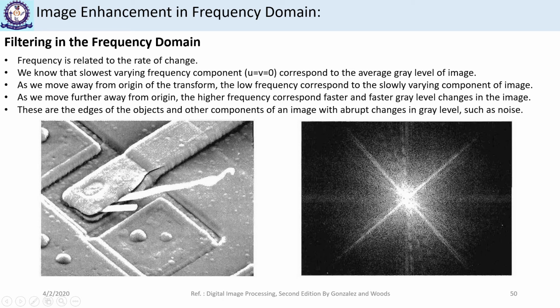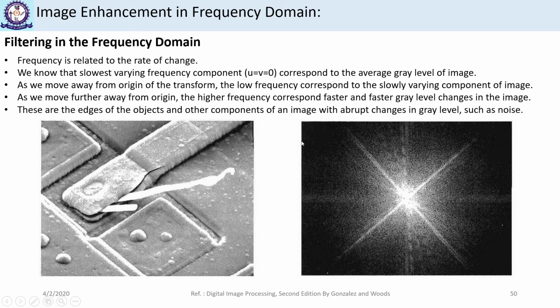Now this is the image, and this is the Fourier transform of this image. Here the image is multiplied by -1 raised to the power x plus y. That means its origin is shifted to the center. I was talking about this: here is the origin if we do not multiply by -1 raised to the power x plus y.